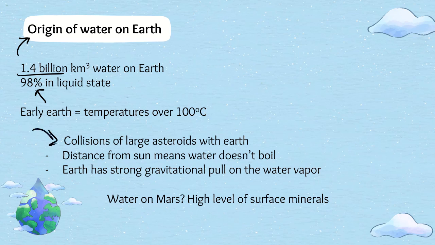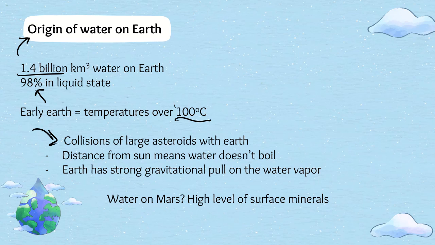Our most commonly accepted theory is that there were lots of asteroids smashing into early Earth. Far more frequent collisions then than we have now. Those asteroids smashed into Earth and they brought with them some water. The distance between Earth and sun meant that we weren't boiling that water away after the molten Earth cooled down a little bit.